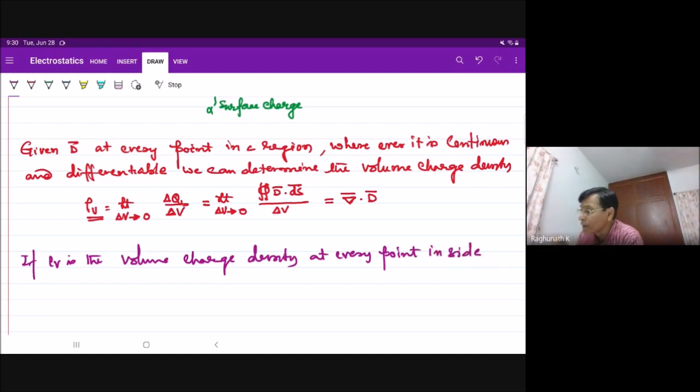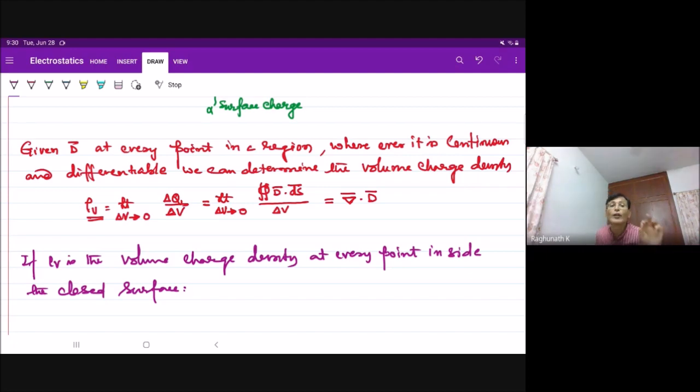That is what is important for me. The charge is not discrete. The charge is not a set of point charges here. Charge is not a set of line charges or surface charges. I say everywhere it is there, rho v.